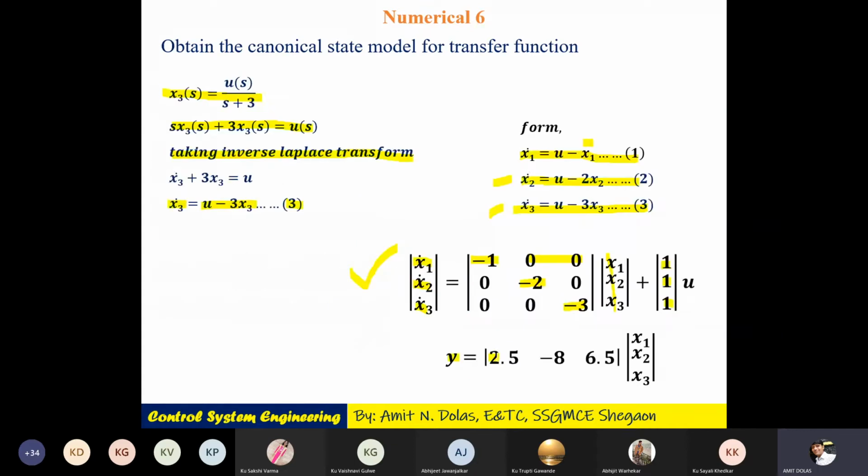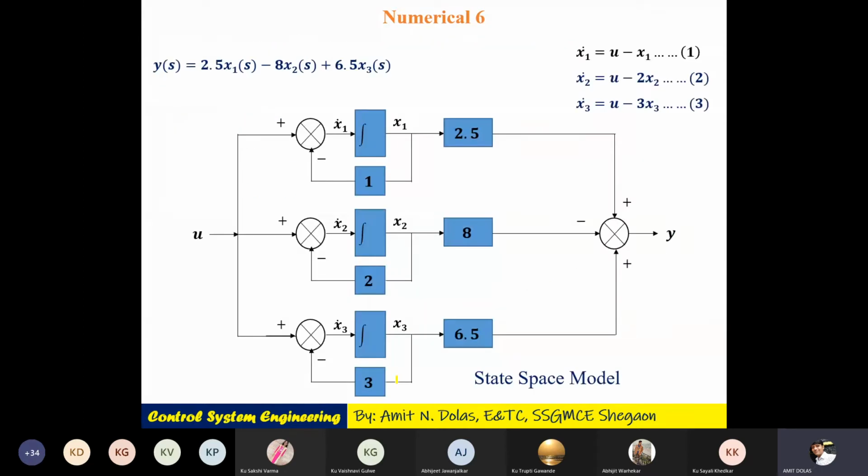So y will be these coefficients, the output vector, into the state matrix. This is how you get the state equation of the given transfer function in canonical form. So finally we may draw the state model. This is the last step, the state space model.